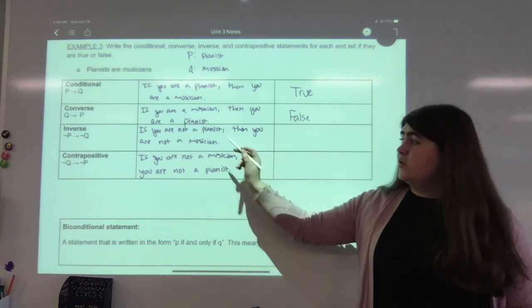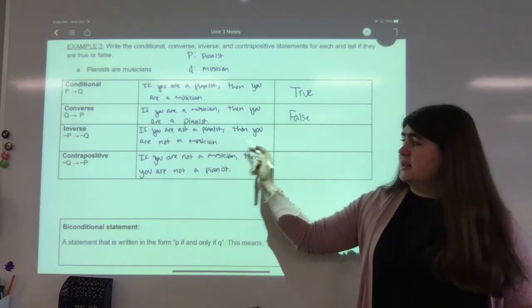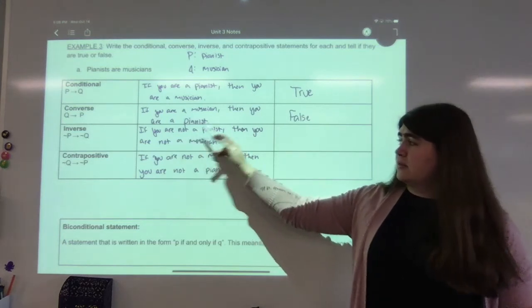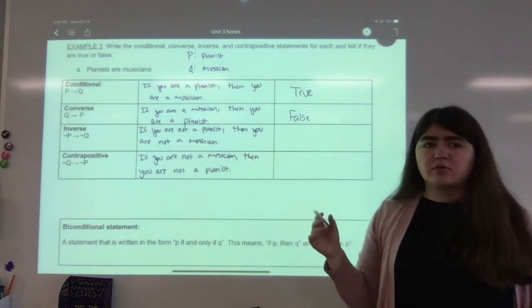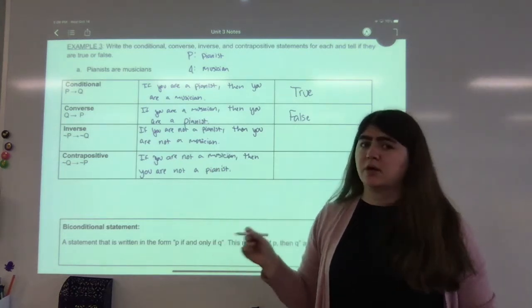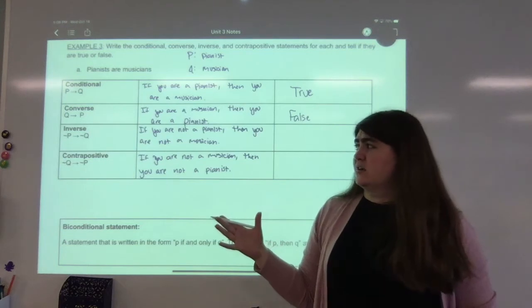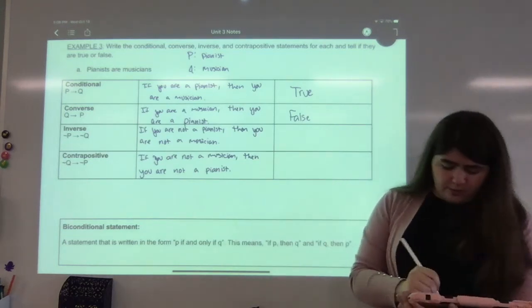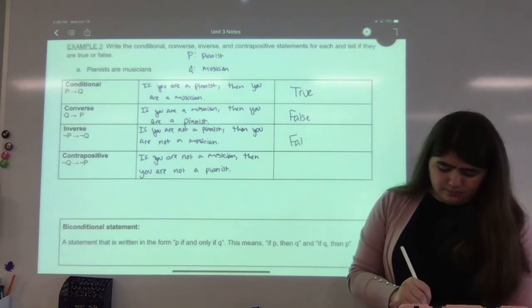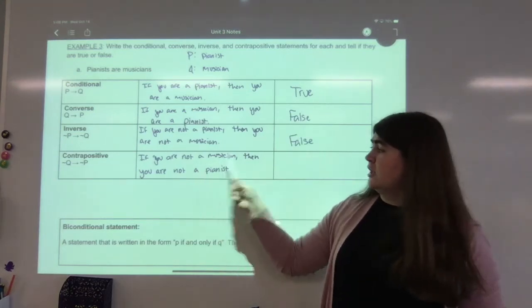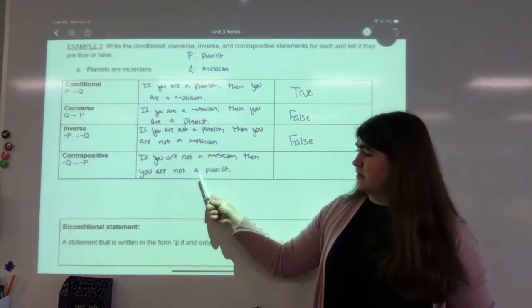Next, if you are not a pianist, then you are not a musician. So that's saying, once again, that you can only be a musician if you play the piano. And that's not true, because you can be a musician and play another instrument. So that would also be false. And the contrapositive, if you are not a musician, then you are not a pianist.